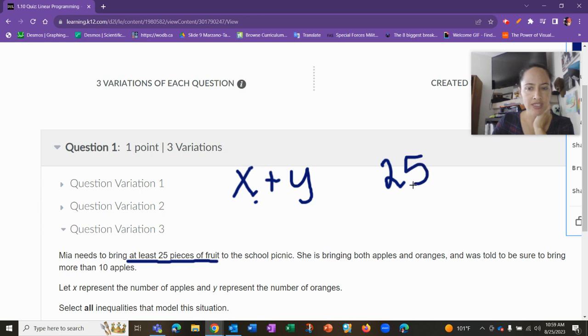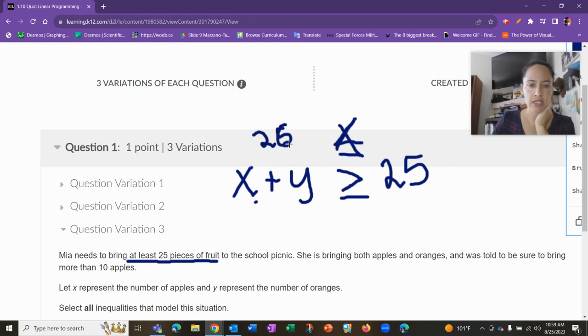If ever you get stuck here, just try out some symbols. Less than or equal to 25. Can she bring 24? Because this side would be 24. No. Greater than or equal to 25. Can she bring exactly 25? Because that's what we're checking right now. Yes, at least 25. If she brings 25, she's good.